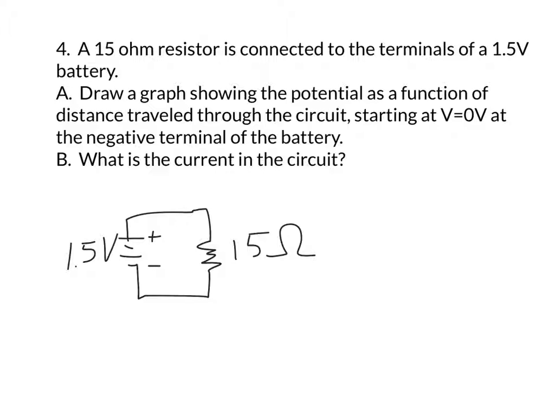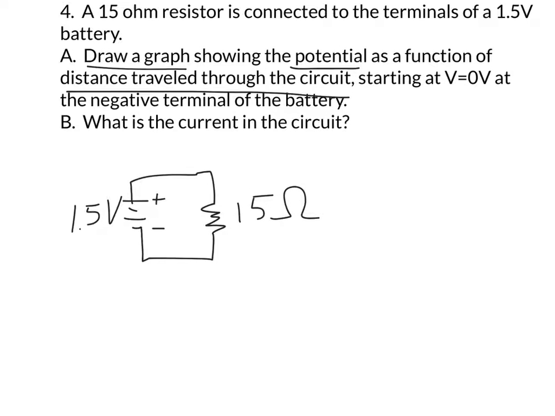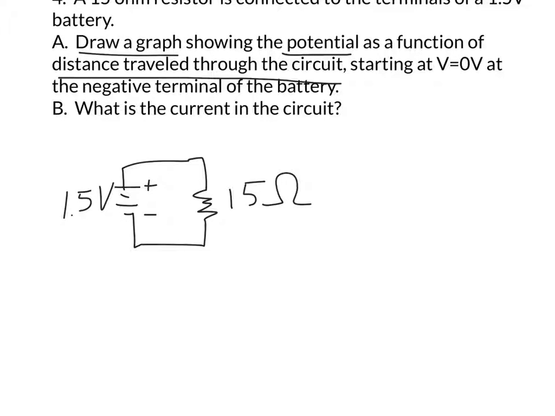And it says draw a graph, and things on the graph are going to be a potential difference and distance traveled through the circuit. Distance traveled being independent variable, right? How does potential depend on distance traveled, right? A function of. So when I draw my graph, actually let me give myself some more room here.